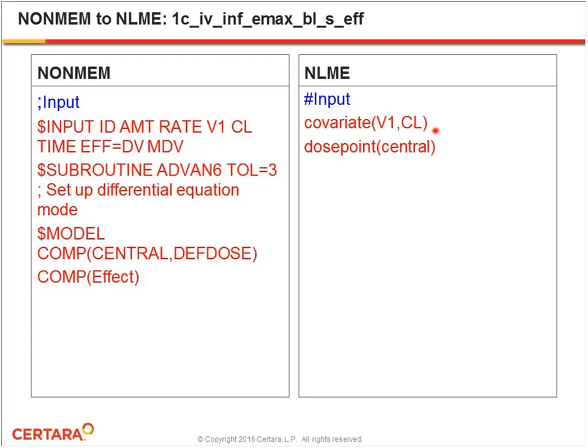And this is just a simple trick. Whenever you want some additional input to be used in your textual model in NLME, you can use the covariate statement, which is shown here, and enter the names of the columns that you want to use. This is then shown as an additional mapping option in the main mapping panel. The second line just defines where the dose is being applied to, and here it says that the dose is directly applied to the central compartment, so it's an IV dose.